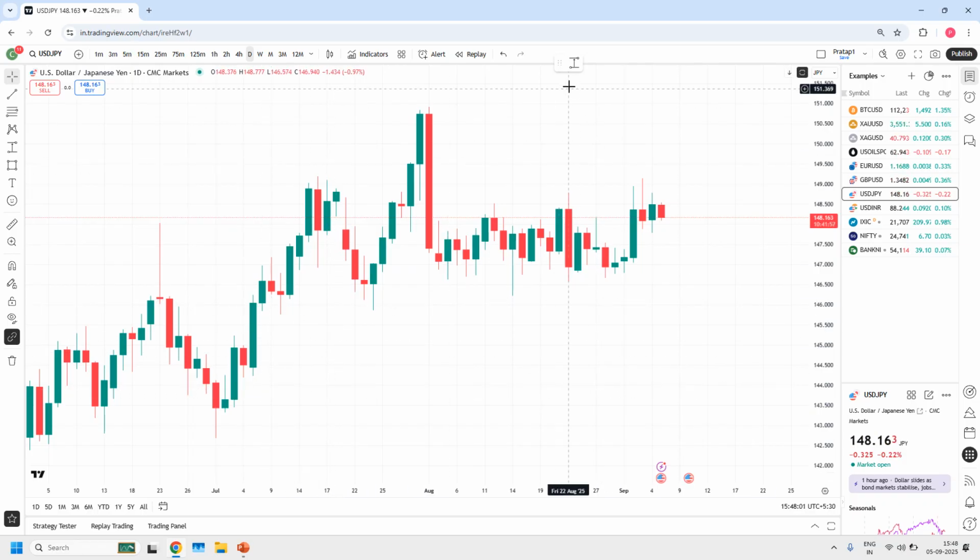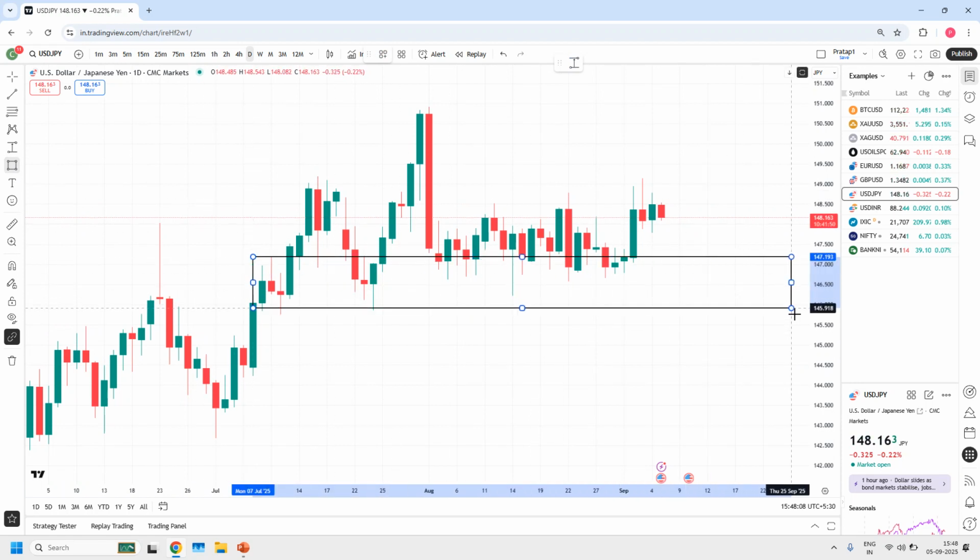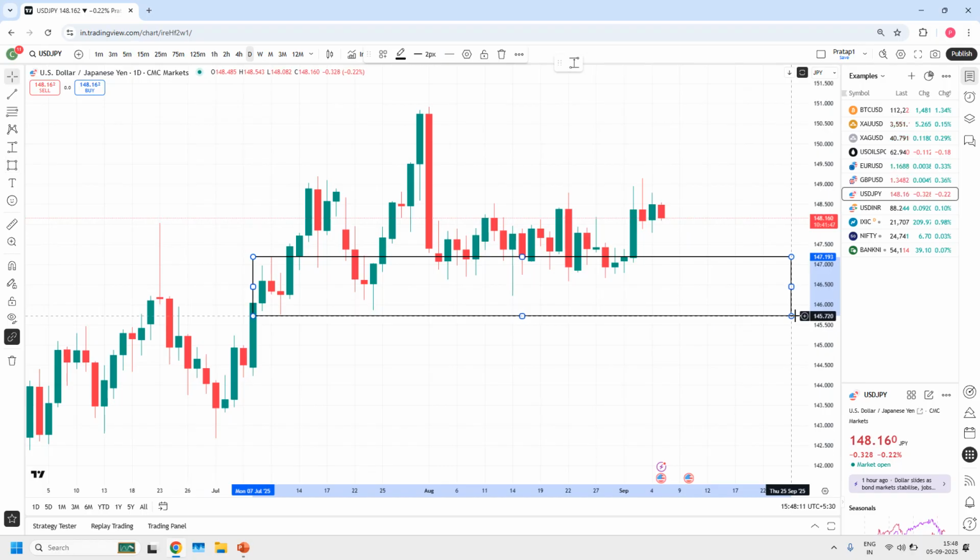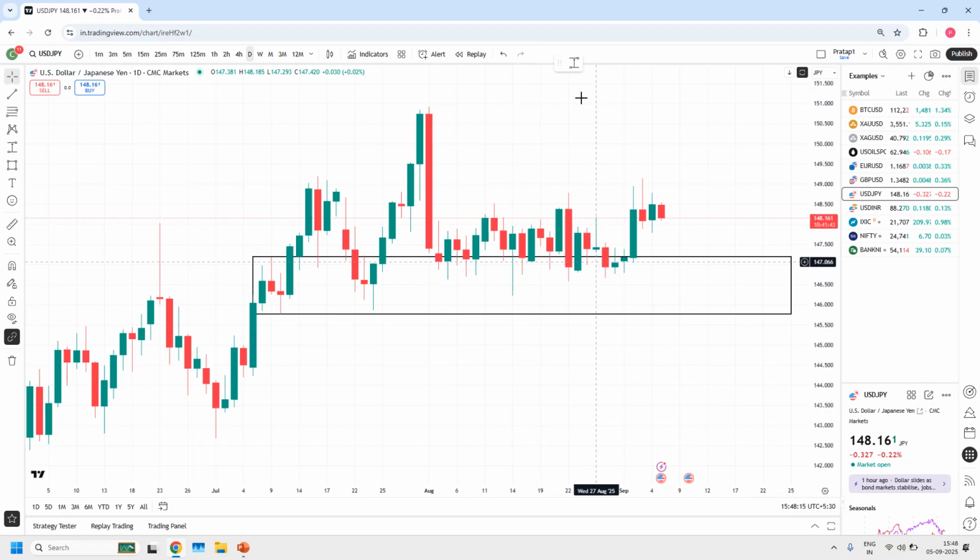Here you can draw a zone. And this is a demand zone. Why demand zone? Because this leg out is a rally candle. We have a leg in, three base candles, and a large candle as a leg out, but a rally candle. So it is a demand zone.